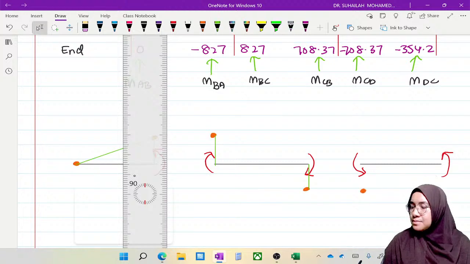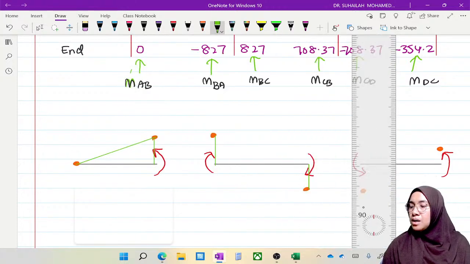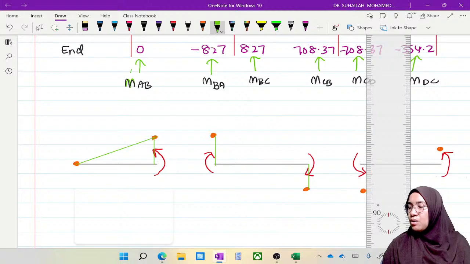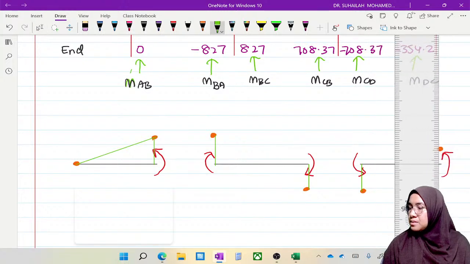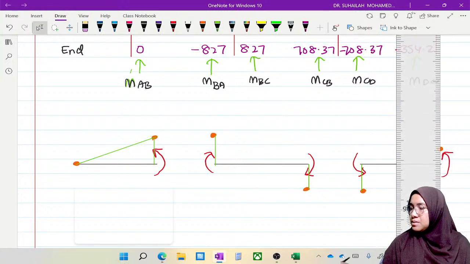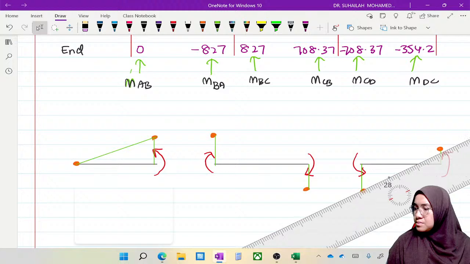Since there is no point load or UDL along member CD, we just join these two dots.